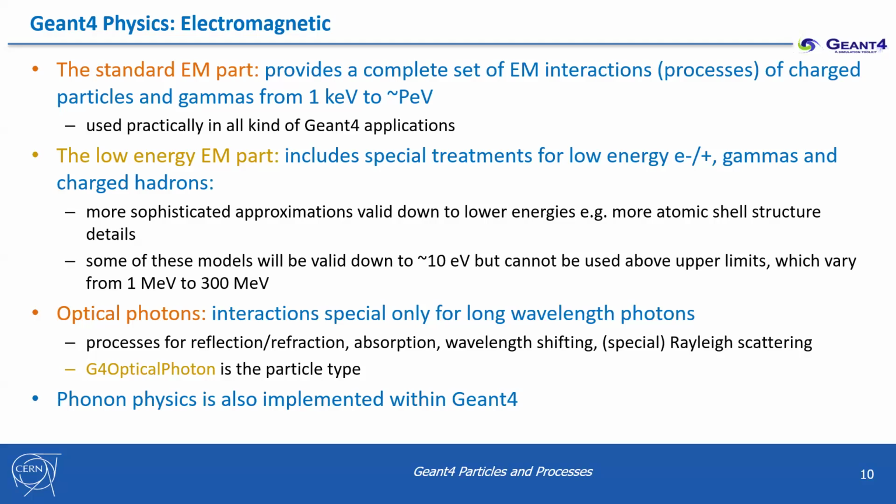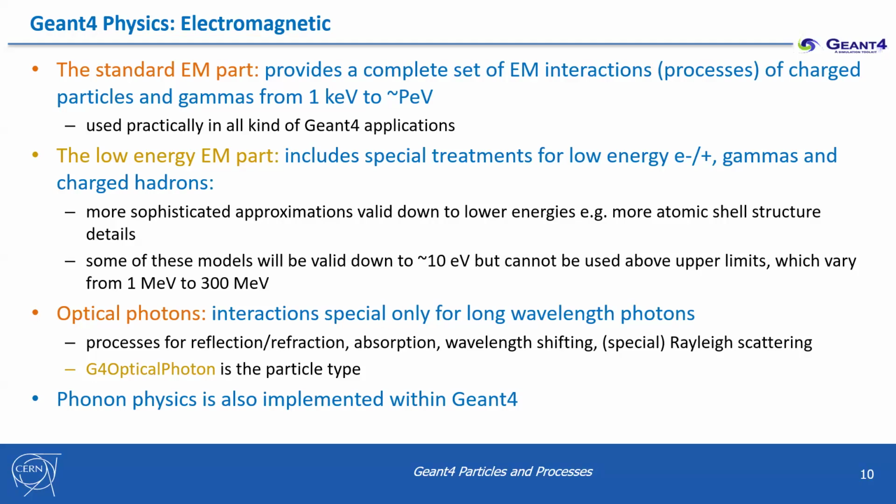There is low energy EM part, which is not used in all applications, but it includes special treatment of low energy electrons, positrons, gamma, and charged hadrons. It is a more sophisticated approximation, which takes into account atomic shell structure and other things, and may even take into account molecular structure or crystal structure.